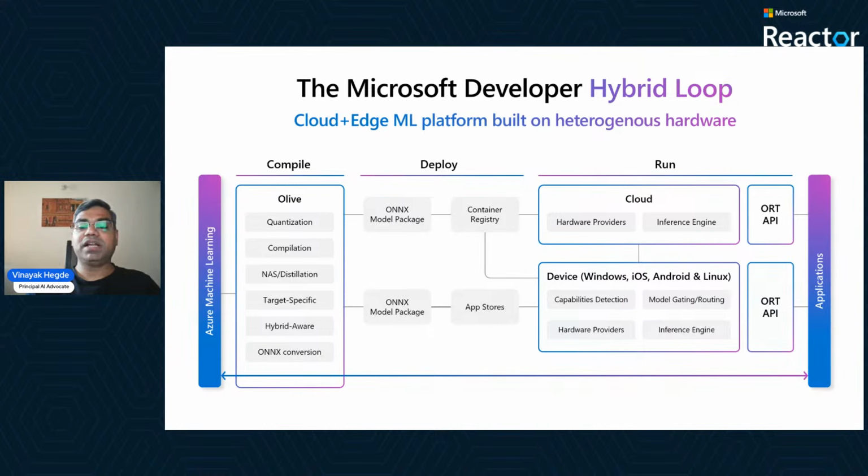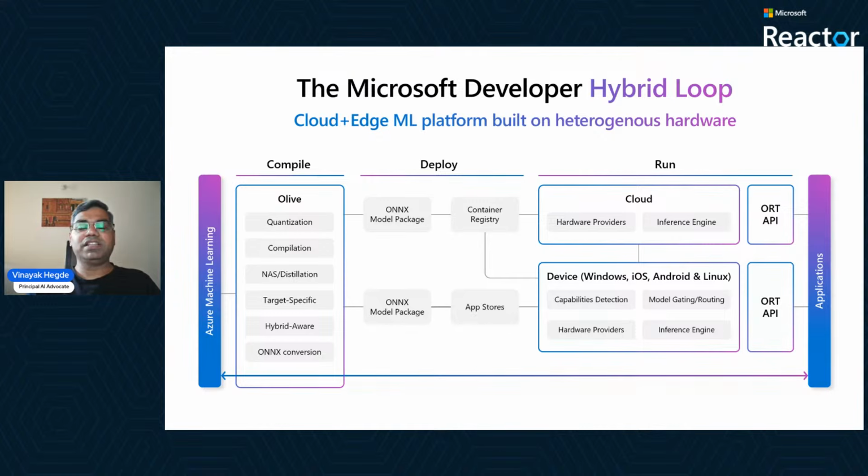As you can see, you can use a Windows app that has a Windows runtime, or you can use an iOS app that has an ONNX runtime. So depending on what you want, you can have this hybrid development paradigm where you compile, deploy, and run, again across either a device or the cloud. That allows you to run different applications, and makes it really easy for you to deploy.